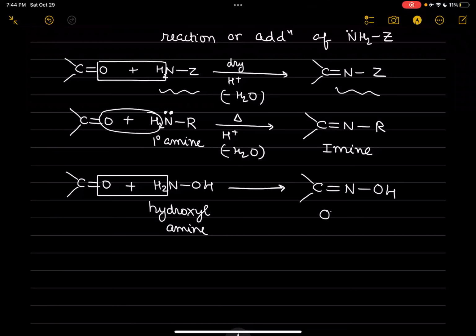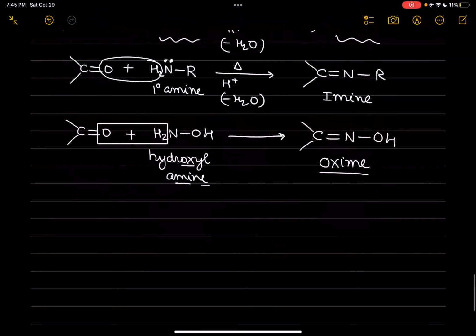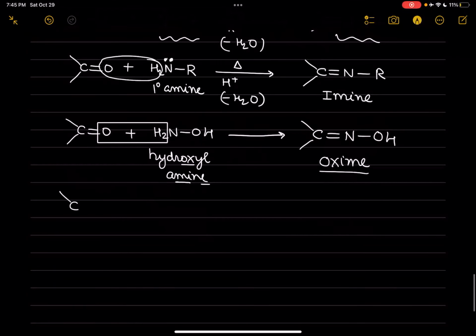Very, very important. Oxime. If you have hydroxylamine, the product is going to be oxime. You need to know the name, also in the boards it is given, so it is very, very important for you.